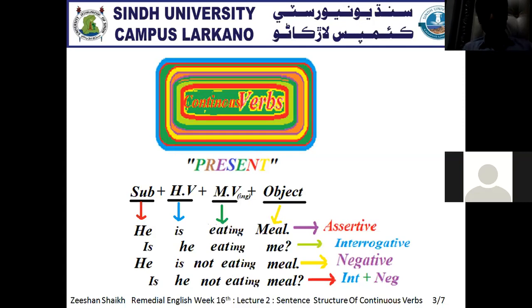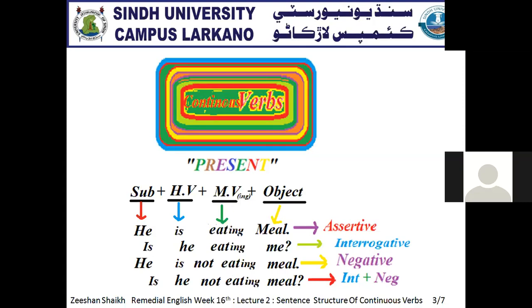Now, the second sentence is the interrogative sentence. In our previous lecture, I told you that whenever we try to make an interrogative sentence, the helping verb comes first. Likewise, I have given the helping verb first, which is is. After that, the subject, which is he.